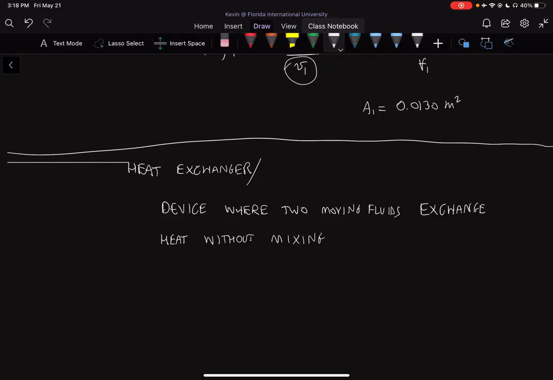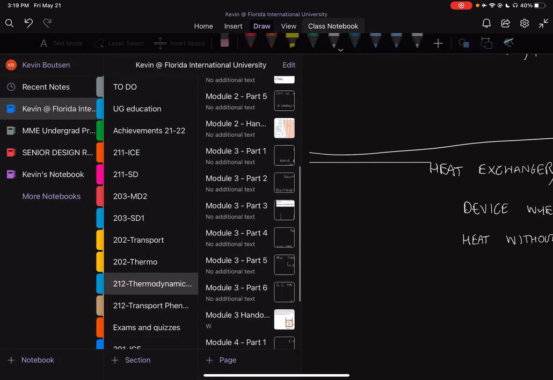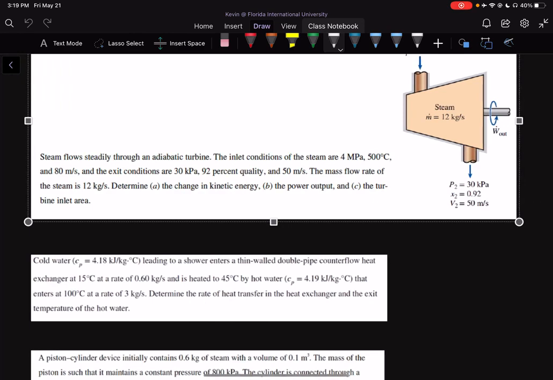So let's copy over the example and then see how we can draw a diagram of what is happening. So bear with me while I copy over the example.